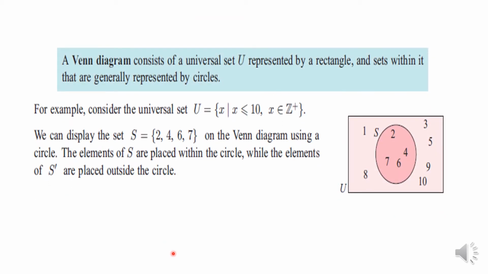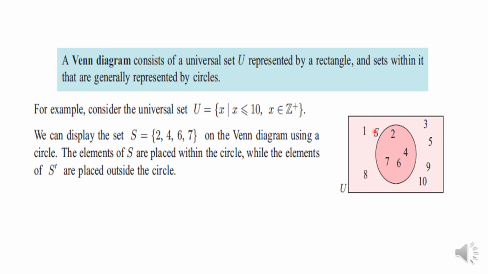So let me just summarize quickly here. For example, if you have the universal set such that x is a value that is less than or equal to 10, and you have positive integers. So when you look in this universal set, you have 1, 2, 3, 4, 5, 6, 7, 8, 9, 10. These are all the values represented by the universal set.